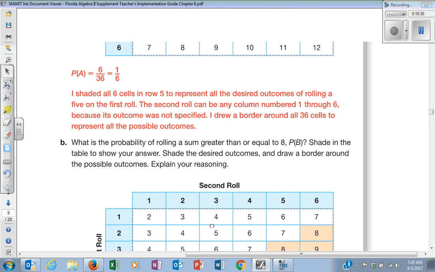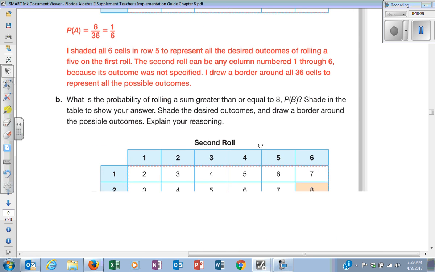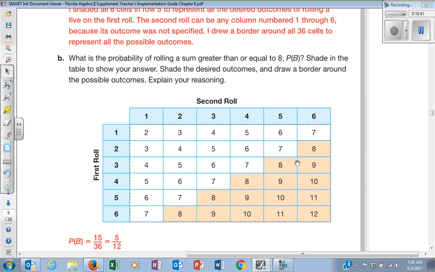Now this one, what is the probability of rolling a sum greater than or equal to 8? Shade those. Well, that's why we're going to shade all the ones that have an 8 or higher in the boxes, because that's their sums. Does everybody understand why those are? And there's 1, 2, 3, 4, 5.